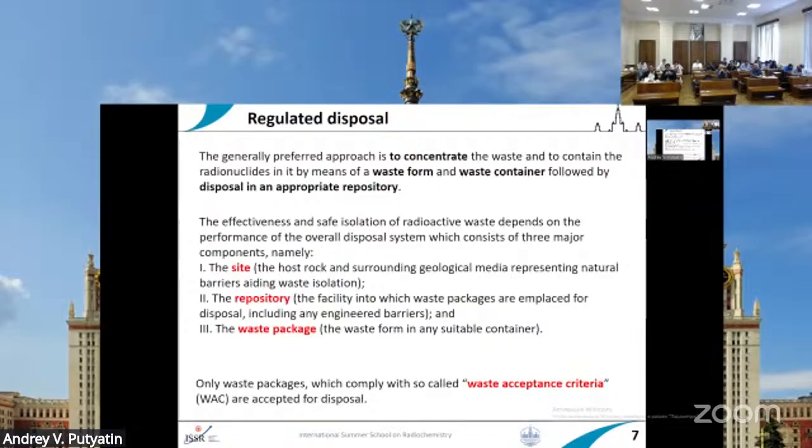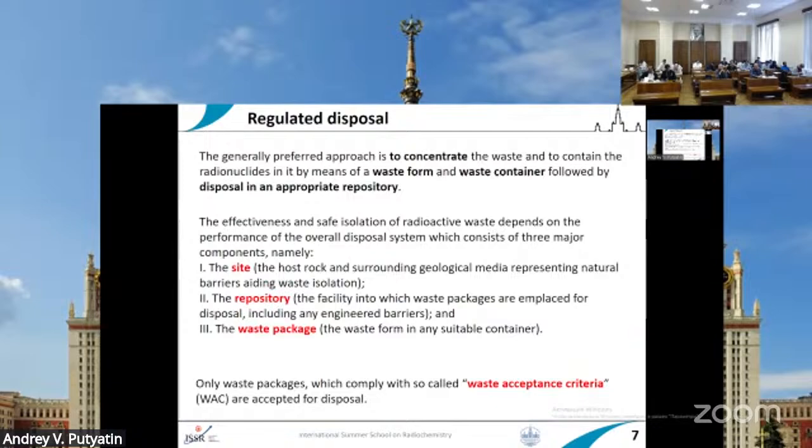So what are these waste acceptance criteria? It is not only the waste form, it is all the characteristics, chemical characteristics, mechanical characteristics. It is the presence of biologically active compounds. It is the presence of flammable materials inside the container, and all the other safety parameters.